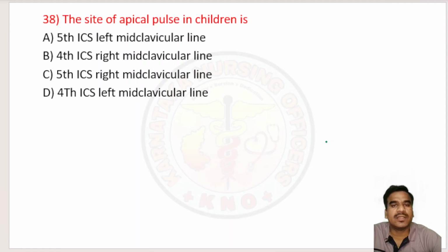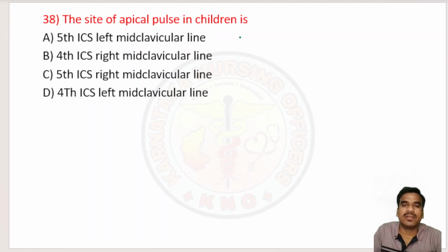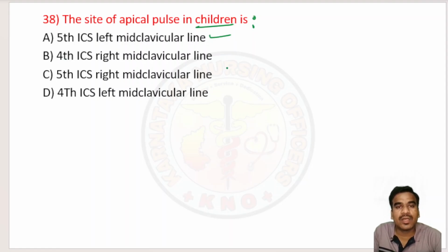Question number 38, the site of the apical pulse in children. This is a most expected question: where do we auscultate the apical pulse in children? Option A is the fifth intercostal space left midclavicular line, option B is the fourth intercostal space right midclavicular line, then fifth ICS right midclavicular line, and the fourth intercostal space left midclavicular line.